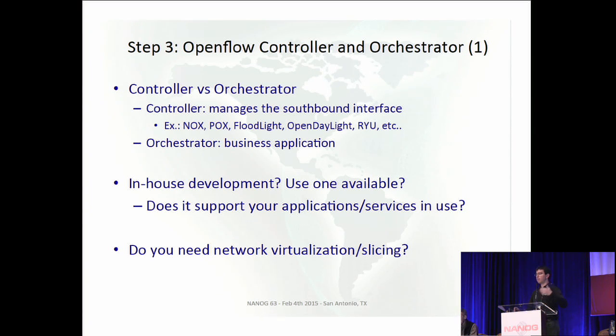There are a lot of different controllers available. Most of them are open source. Some support Openflow 1.0, some support Openflow 1.3. But the great thing about SDN now is the applications, not the controller. The controller is just an API to Openflow translator.